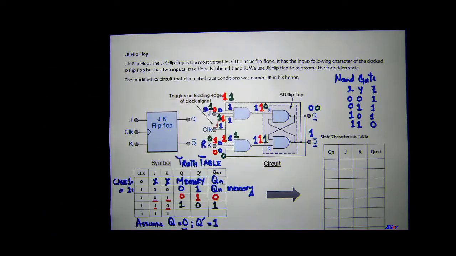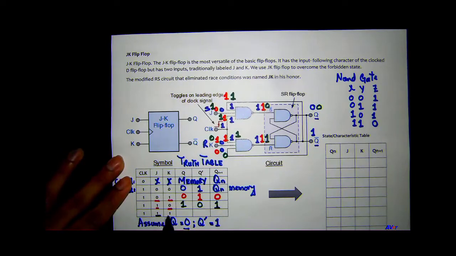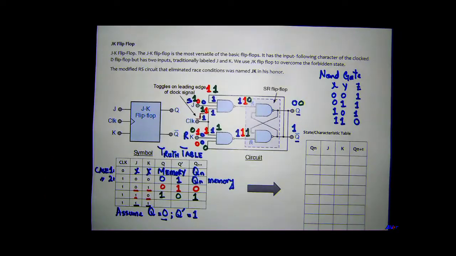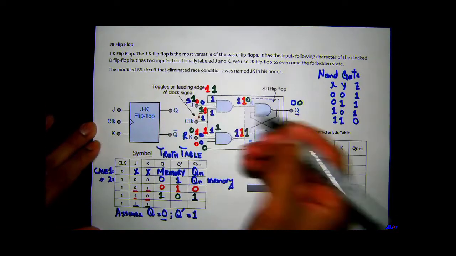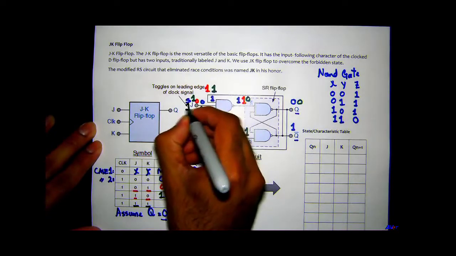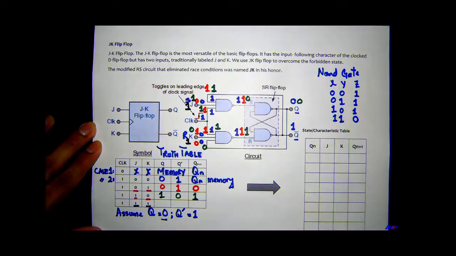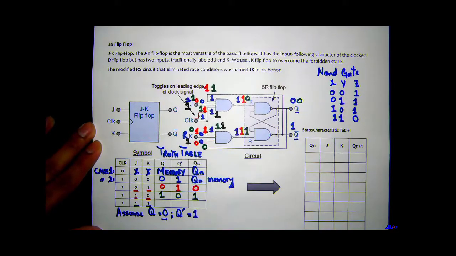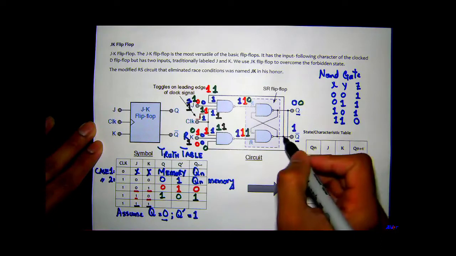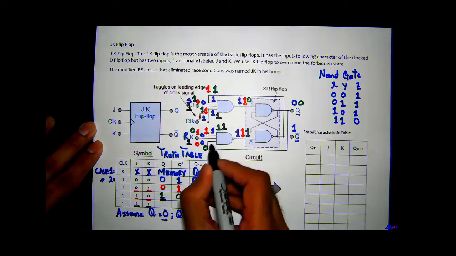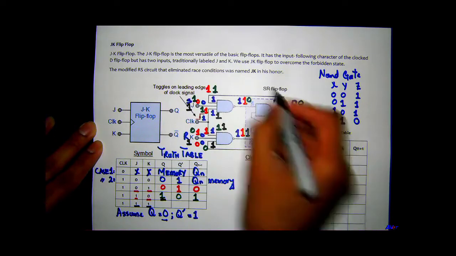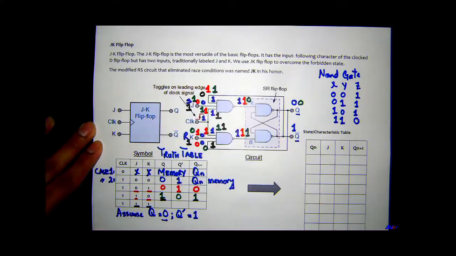Moving on to the last combination, where we have J equals 1, K equals 1. Now this is interesting, and I want you to focus here. Both J and K are 1, so I got 1 here and I got 1 here. Clock is high again. Q previously is 1 now, so this is going to be 1, and Q naught is going to be 0, so you get 0 here.